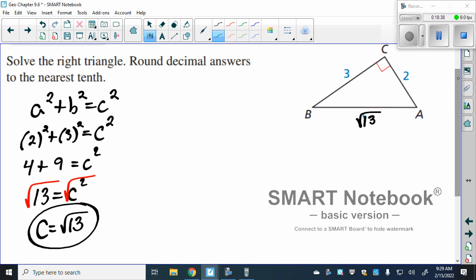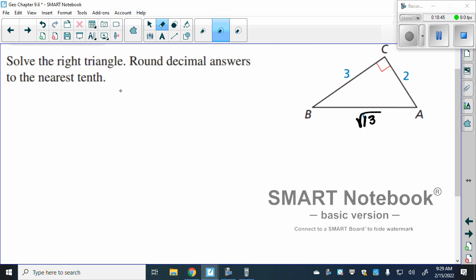Now, we need to find the values of A and B. I'm going to erase this here so I have a little more room. Now, A and B are angles, yes? So if I wanted to use, say, sine, could I use that for angle A? Because what would sine of A be?